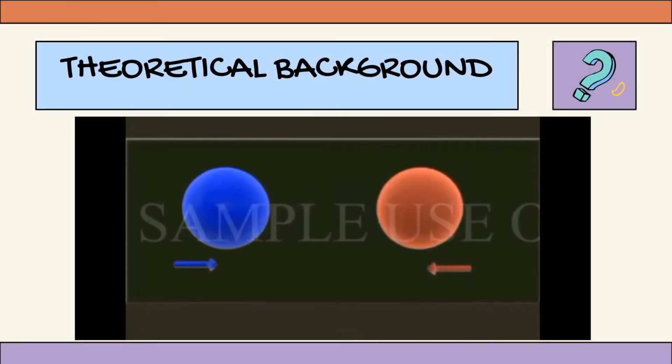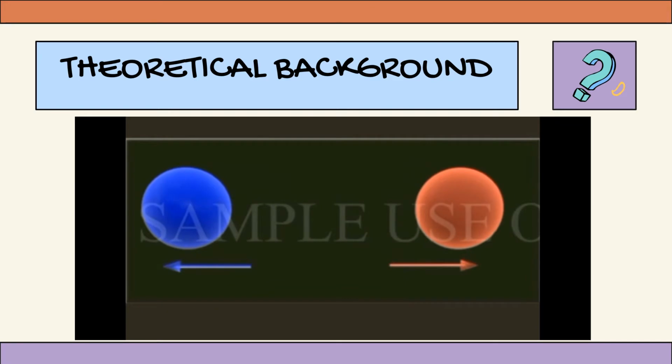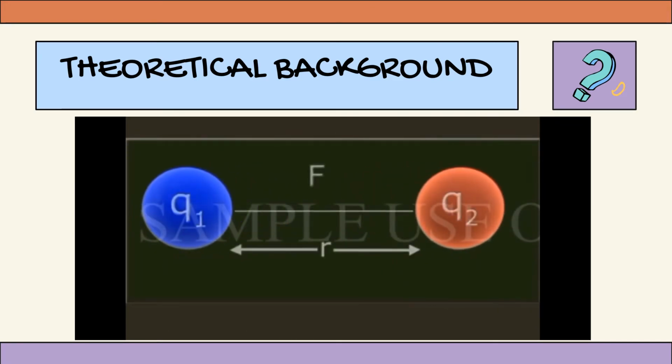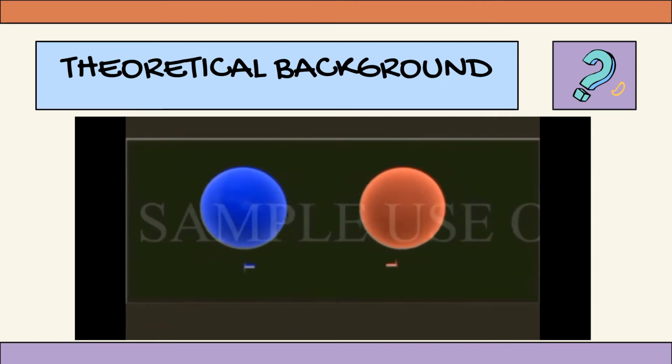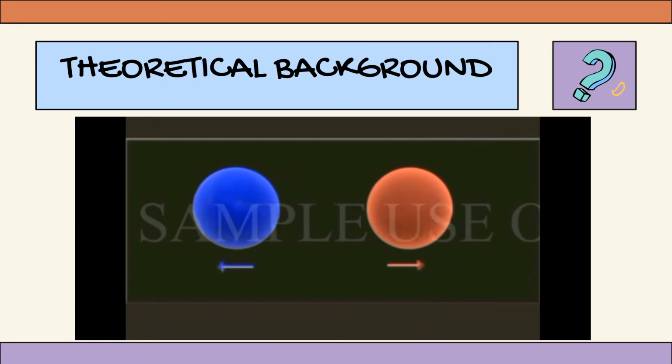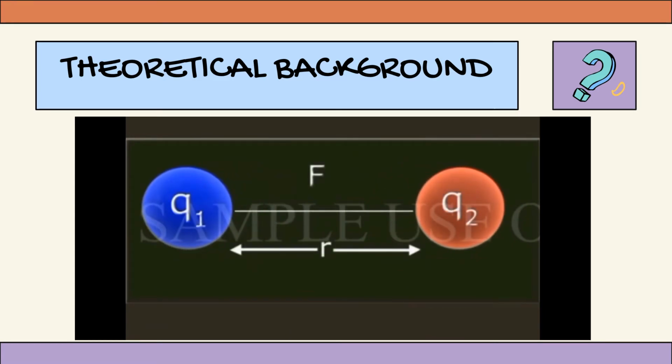Next is theoretical background for Coulomb's law. The magnitude of the electric force that a particle exerts on another is directly proportional to the product of their charge and inversely proportional to the square of the distance between them.